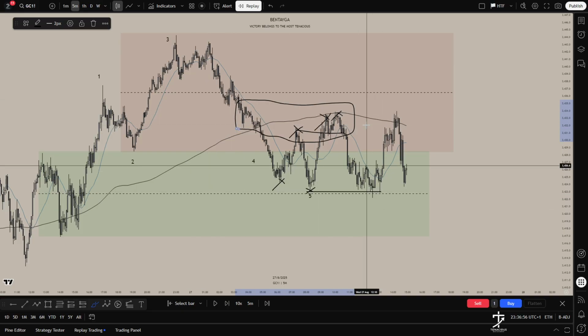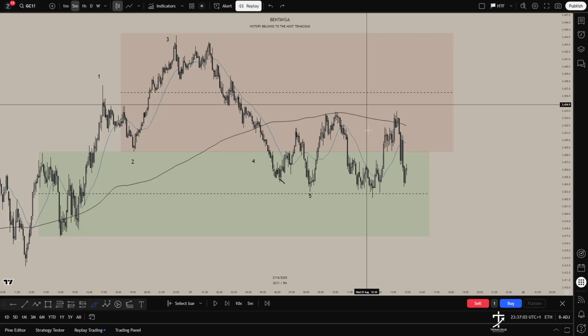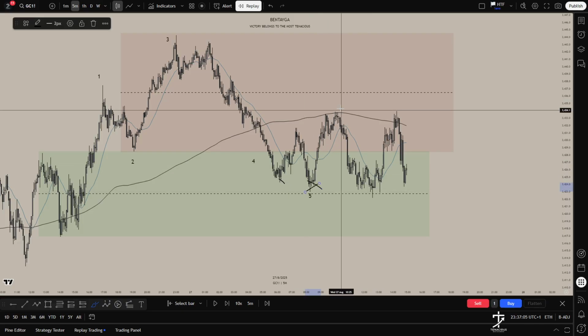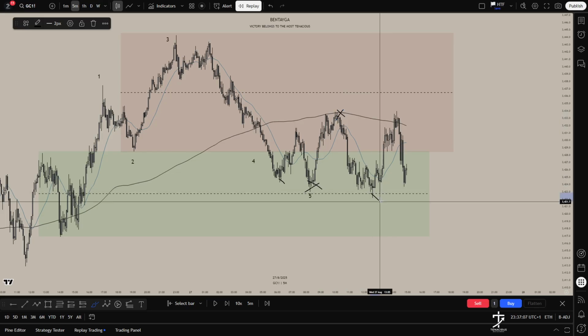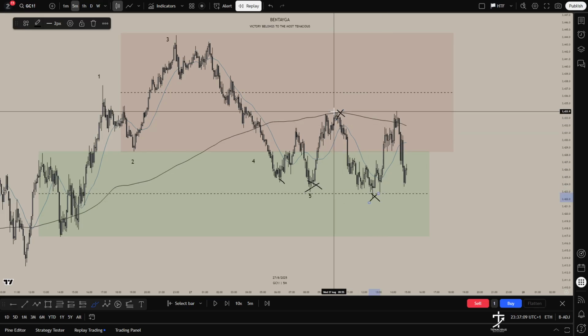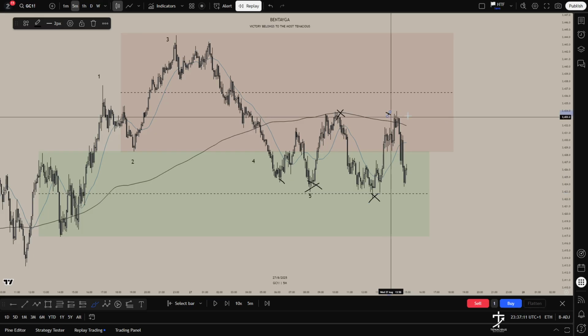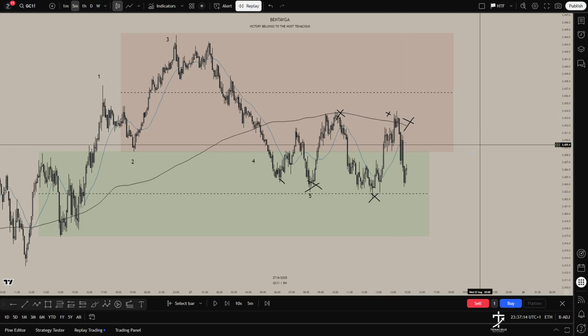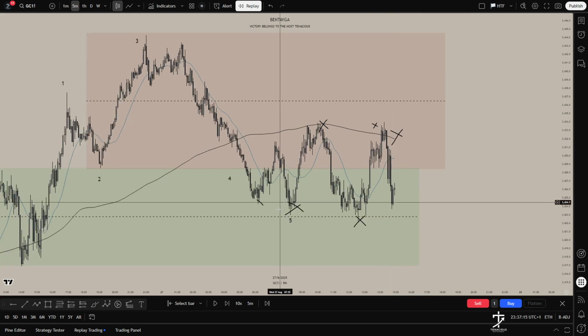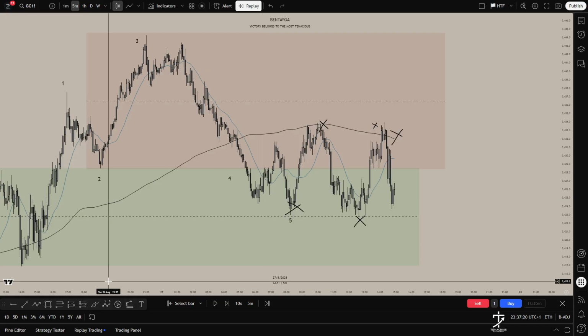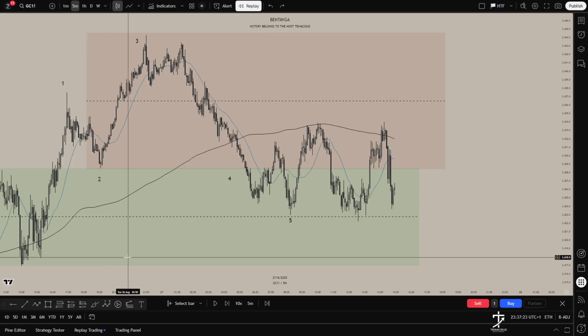Someone else might also say, you know what, I don't think that's the SBS, but I think this is the SBS instead, where they think that this is the 1, this is the 2, this is the 3, price has swept, so this is the 4, and potentially this is the 5. So can you see how there's a trade both sides, and it's up to you to be able to filter out the noise and follow your SMA and also follow structure.